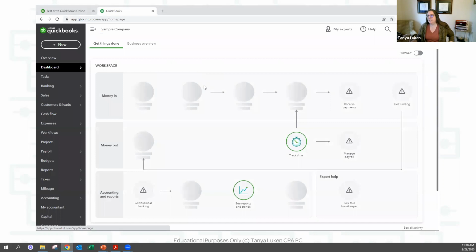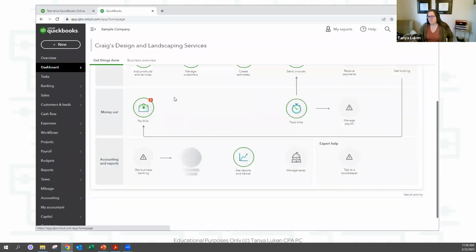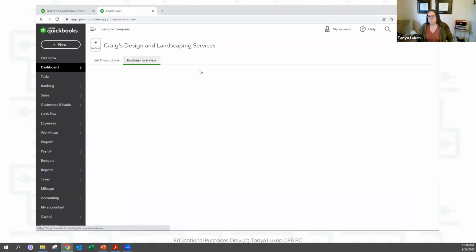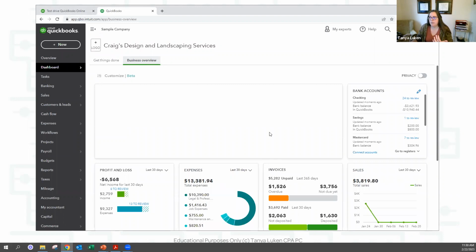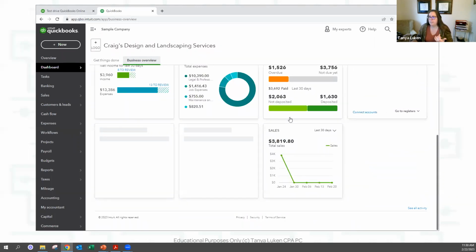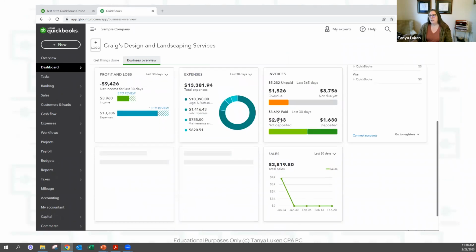And all of these, you can customize to say when things are due and what's going on. Okay, so the tiles are not going to load, but yes, you would see it here.